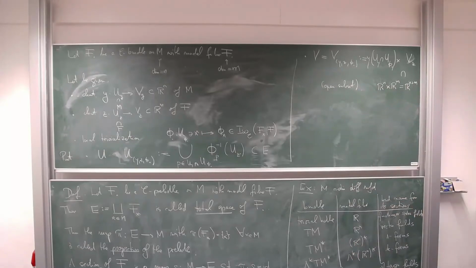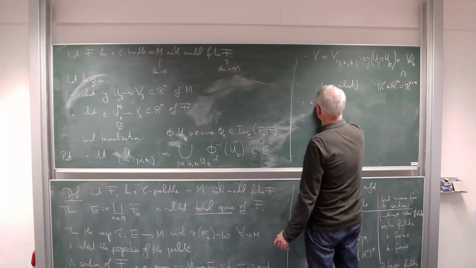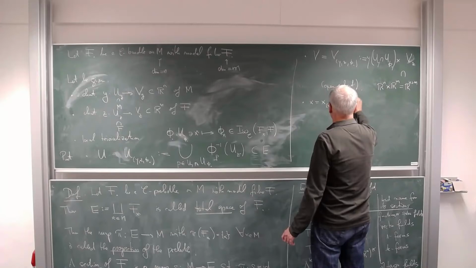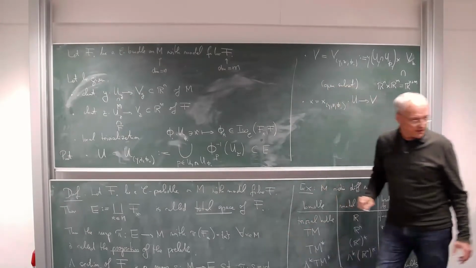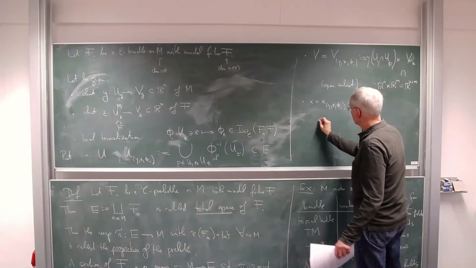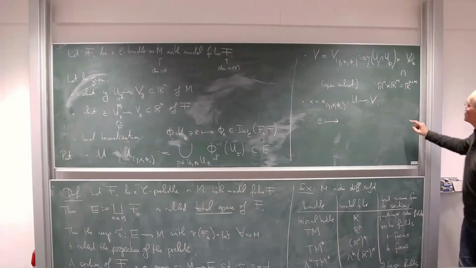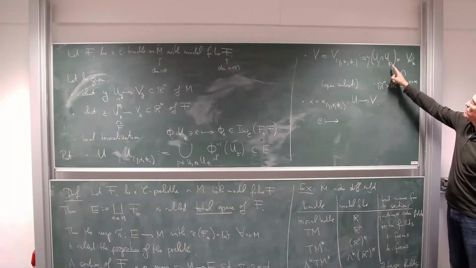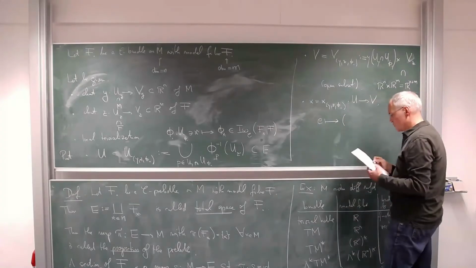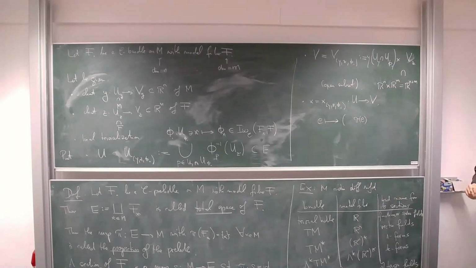Okay. And now I need the bijective map between U and V, chi, which also depends on the given data, from U to V. It's defined as follows. An element in this set U is mapped to something in the R n component and something in the R m component. In the R n component, I apply the projection map to it, which gives me the foot point.